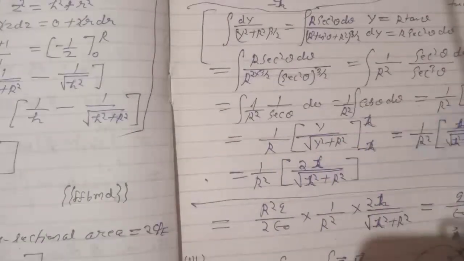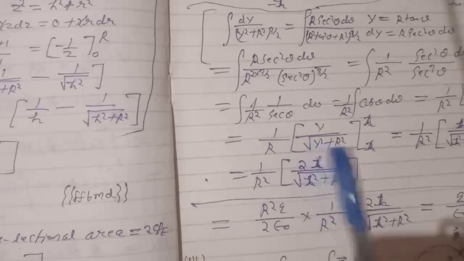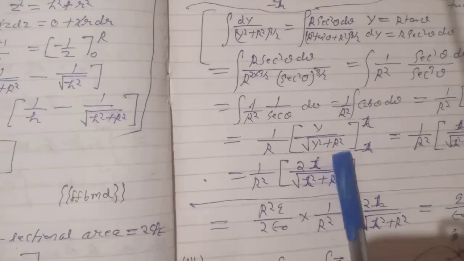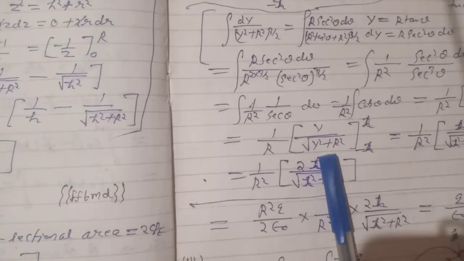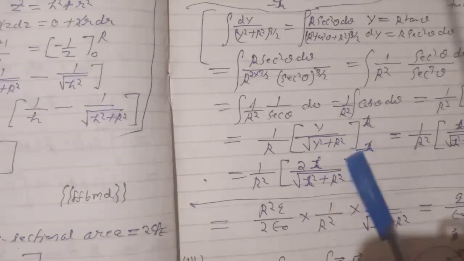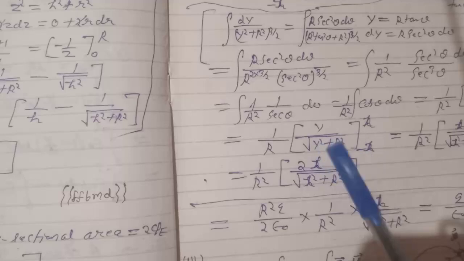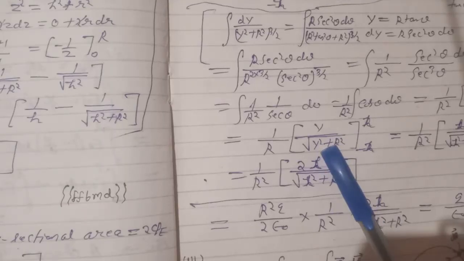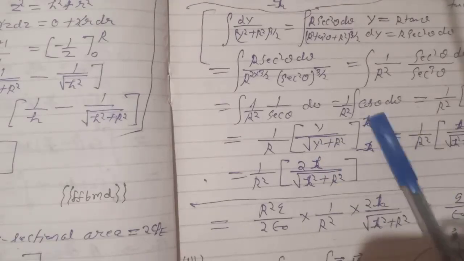Because sin theta is y by under root y square plus r square, and here y is the variable, so the limit will be from minus h to plus h.